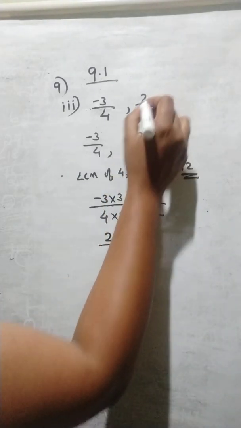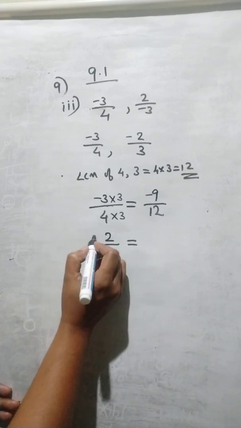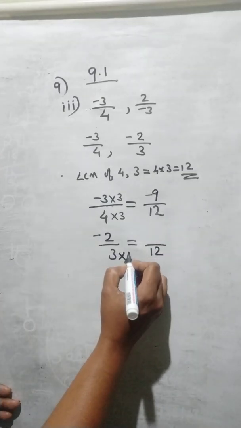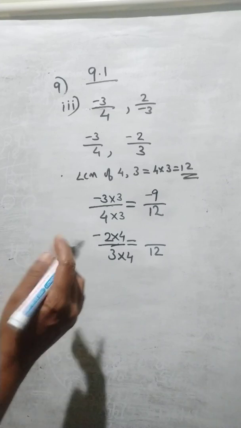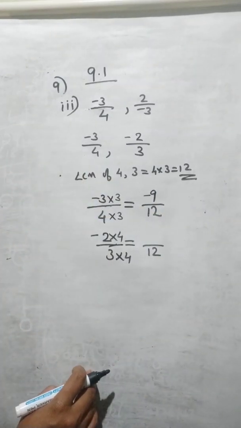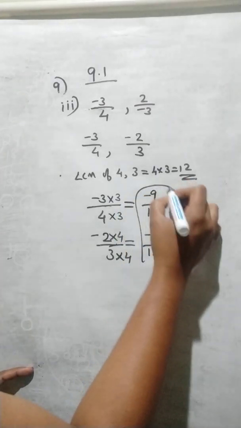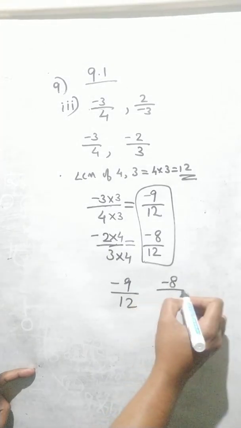Next, second rational number. Here, negative 2 on 3, then 12. We have to multiply the denominator with 4 and numerator also we have to multiply by 4. So, negative 8. Here, new rational numbers are negative 9 on 12 and negative 8 on 12.